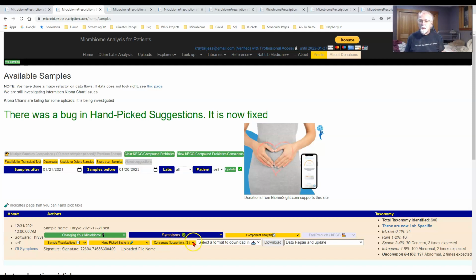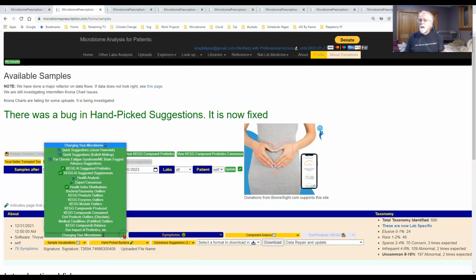And if you do a click down, you will see the ability to clear it, so if you want to start again, you can. You can see what the suggestions are. This lists the consensus suggestions, and we even have a video on how to use the consensus, because it gets a bit time consuming. Everything about the microbiome gets time consuming.